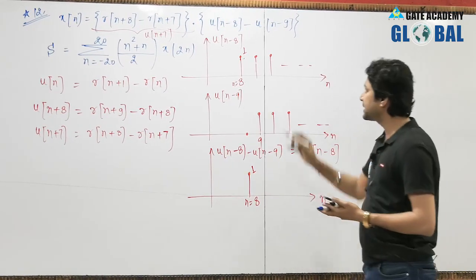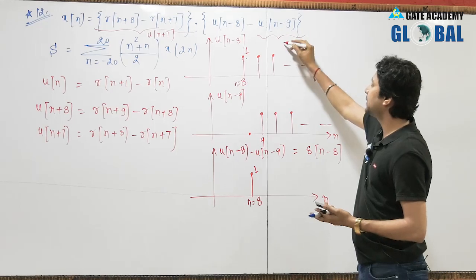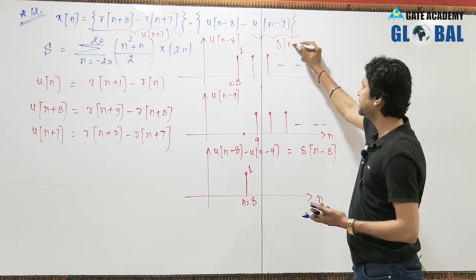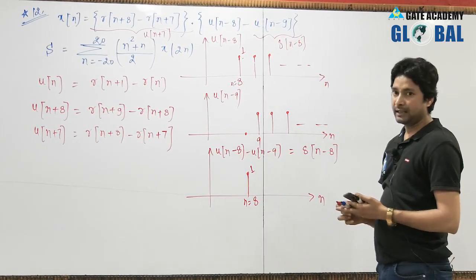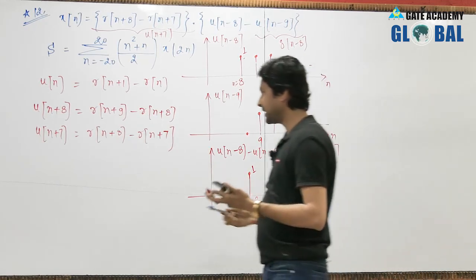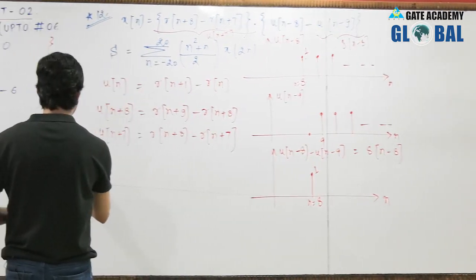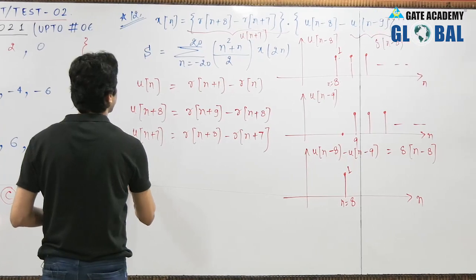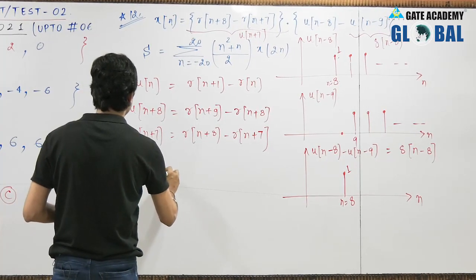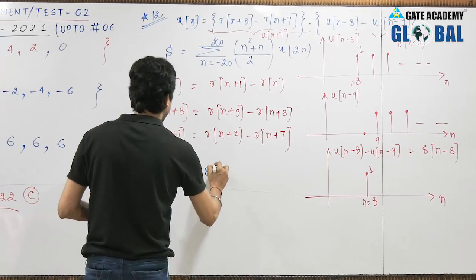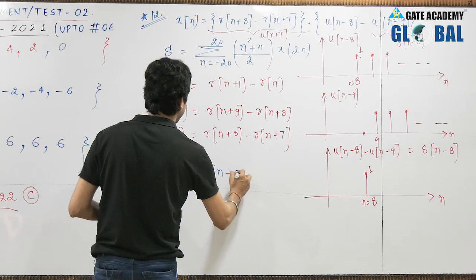It means this part is also known to us now. It is del of n minus 8. So now, this signal x of n is equal to u of n plus 7 into del of n minus 8.